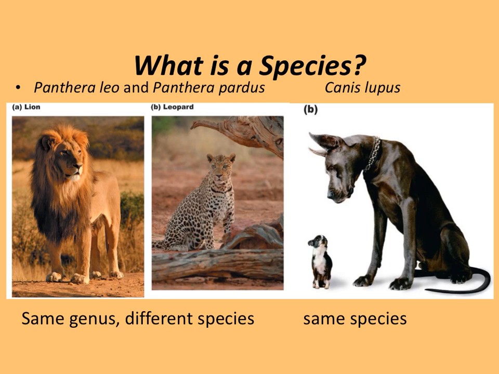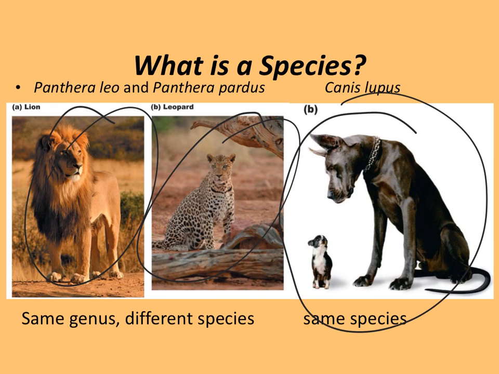So these are considered species over here. A lion and a leopard. Okay? The lion is quite a bit bigger. But this is our favorite animal, the dog.